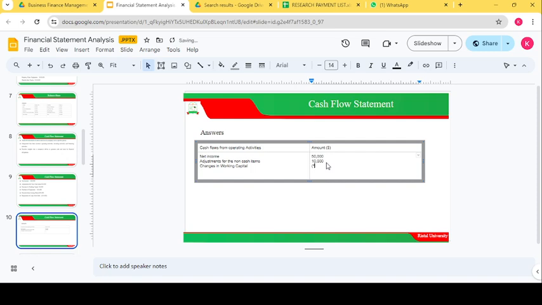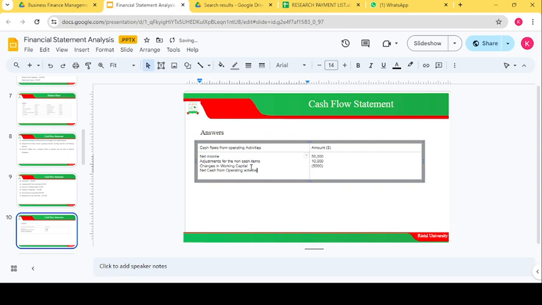So we have 5,000. So we are getting our net cash from operating activities.